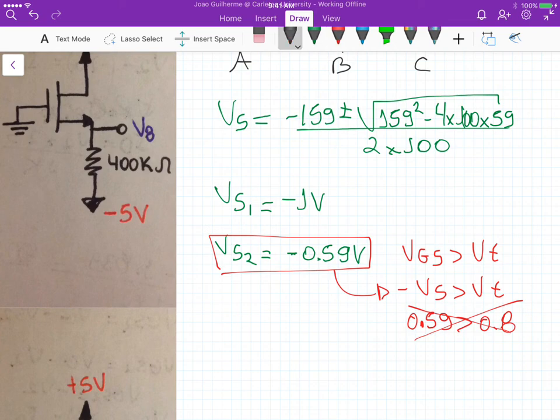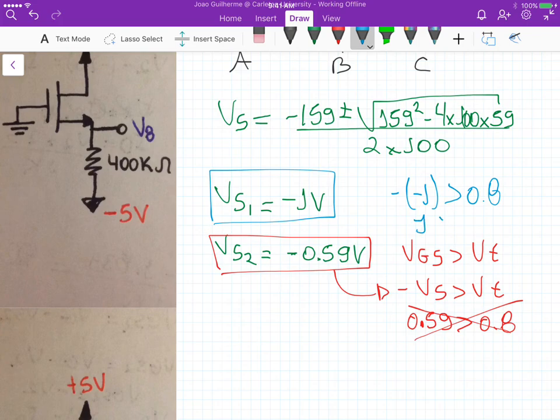So we have to pick this one, because minus 1 gives us 1 greater than 0.8, and that's okay. So this first condition for saturation operation holds if we pick Vs1 equals minus 1.